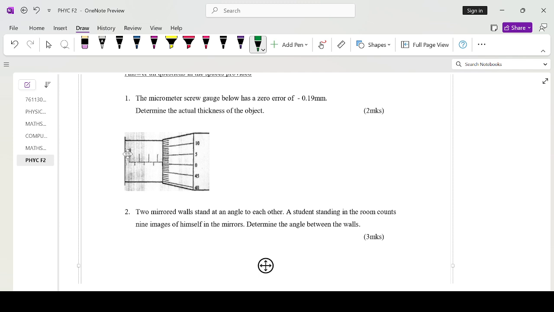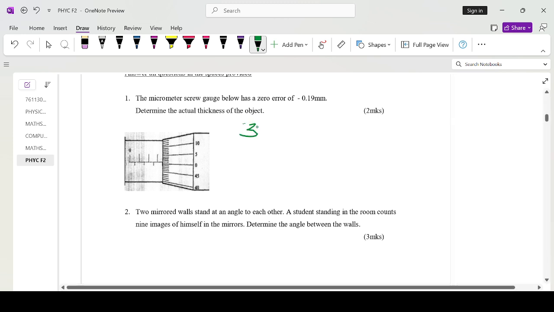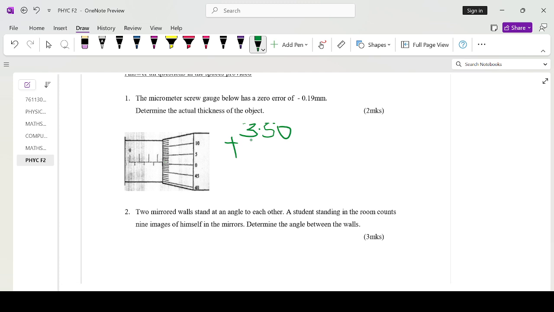So this is 0, 0.5, 1, 1.5, 2, 2.5, 3, then 3.5. So you can see that as 3.50, then plus this is a 0, 1, so that is 0.01.